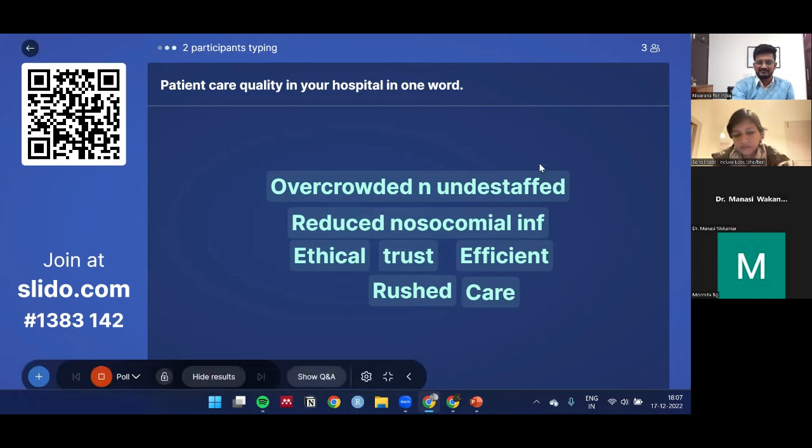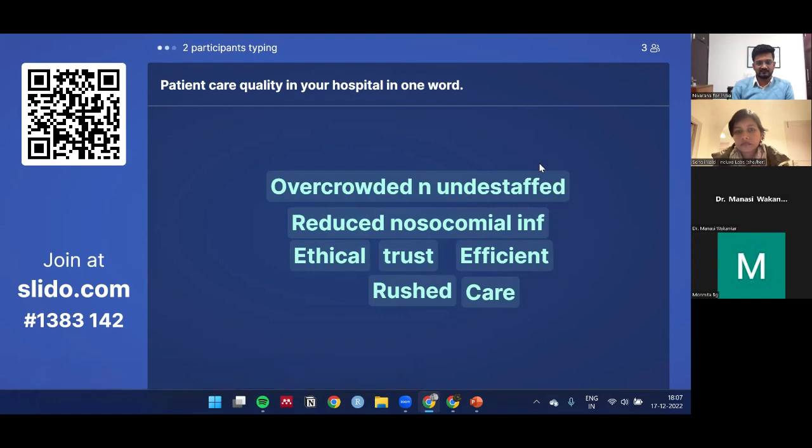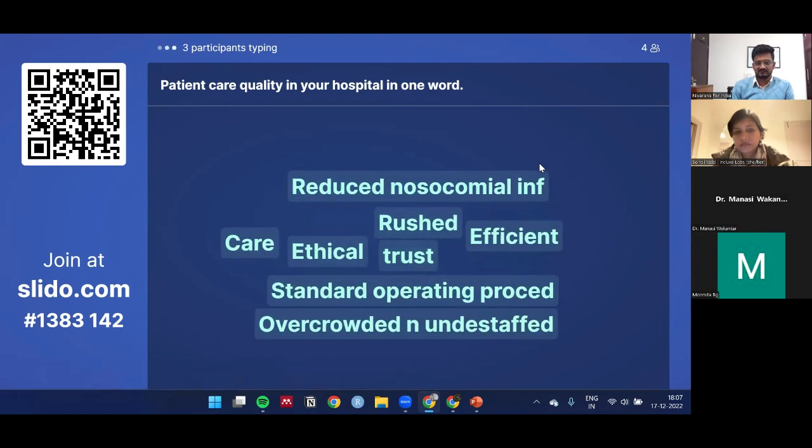So I think most of these areas will be getting covered today. Efficiency, reduced infections, short-staffed, overcrowded.